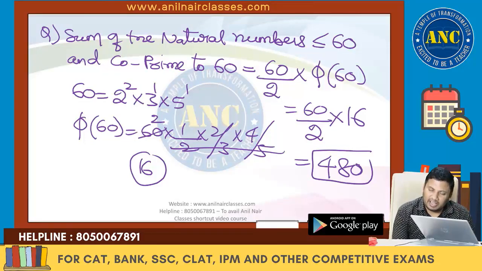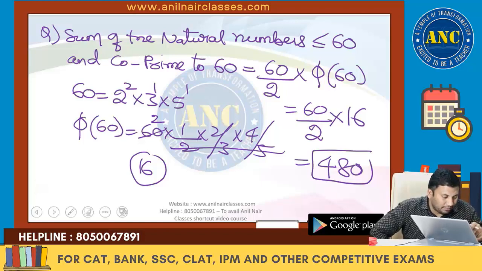Is the idea clear? Please let me know if the idea is clear. Now see here, a beautiful way of solving LCM questions based upon these coprime concepts. Now see.